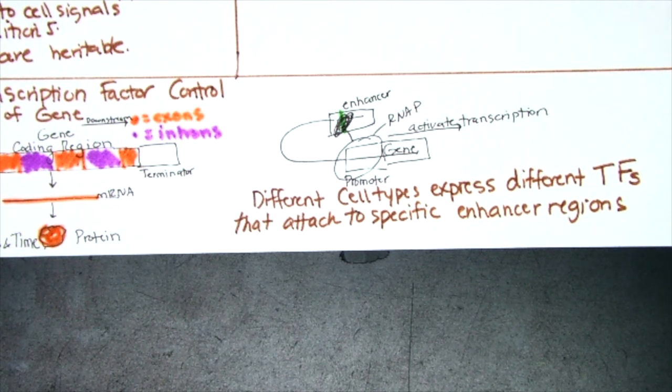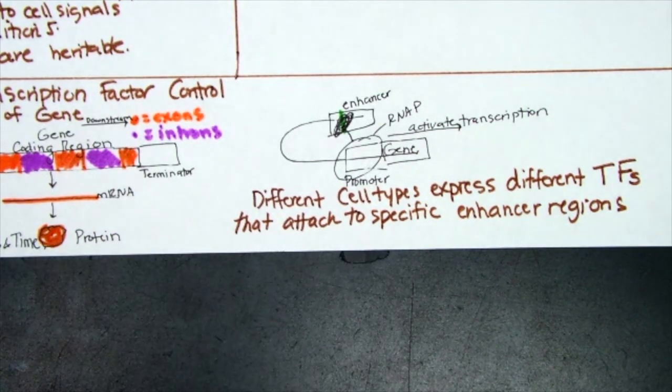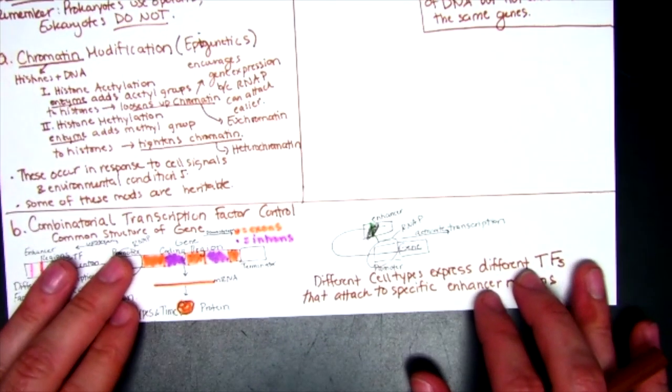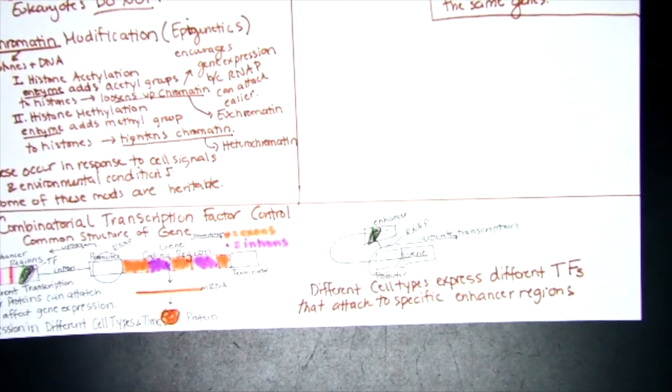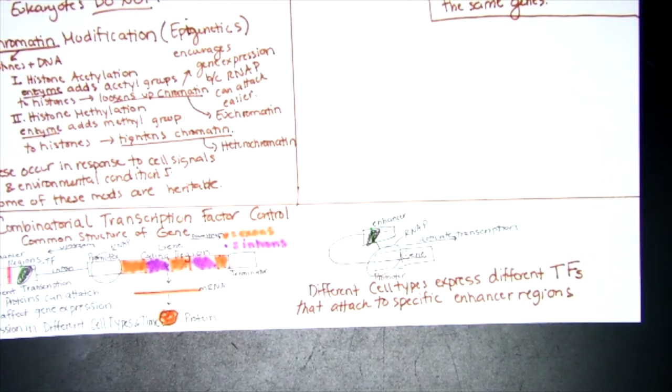And what's pretty cool about that enhancer region is that there's multiple sections where a transcription factor that's found in the liver or the skin or the stomach can all attach to that same region of DNA and cause expression of that gene in those tissues. Okay. I know I'm going fast, but that's combinatorial transcription factor control.